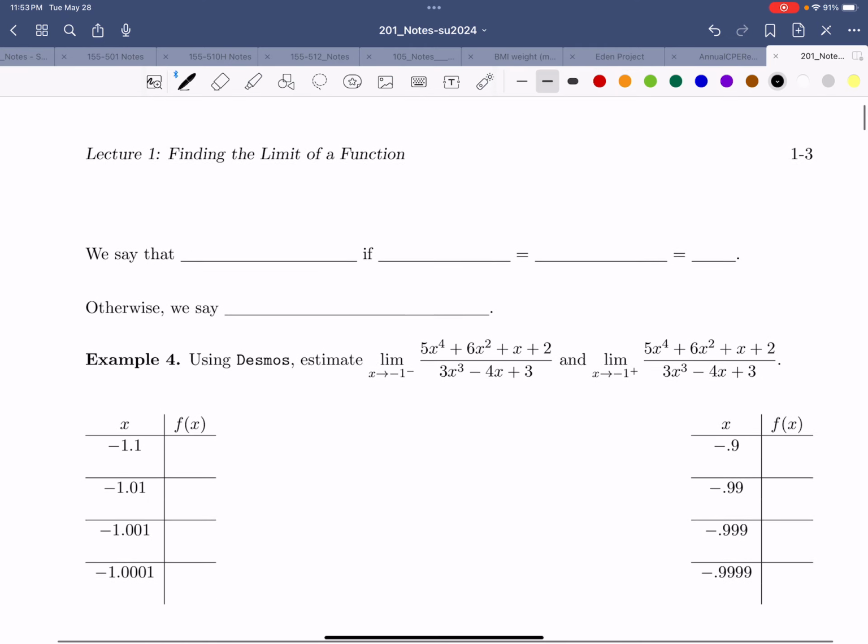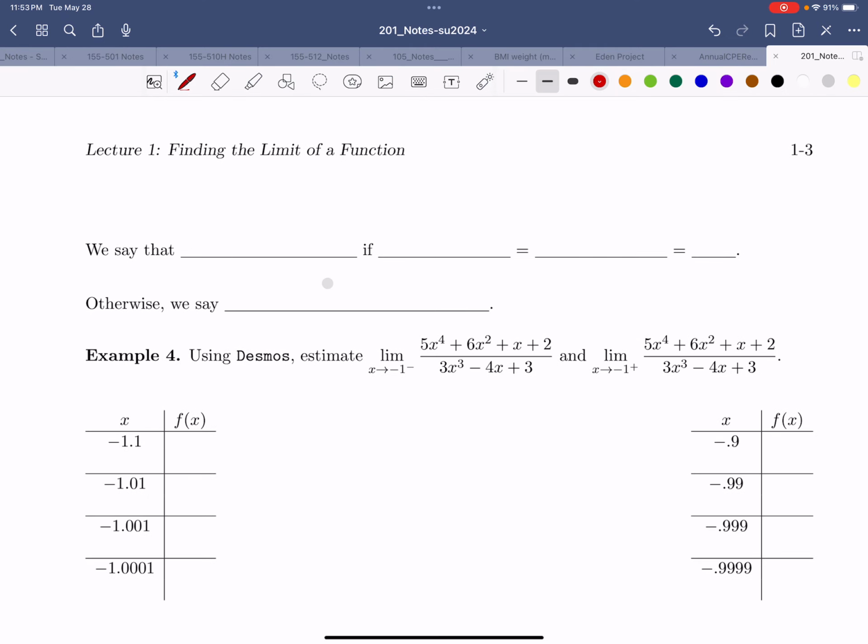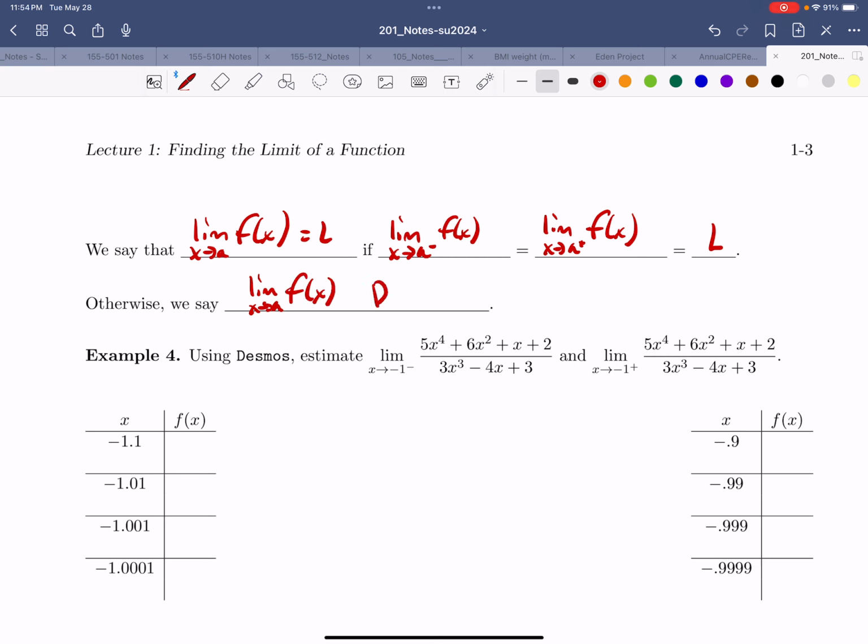Now, here's why we're doing all this. We say that the limit as x approaches a of f of x equals L if the left-hand limit, that is the limit as x approaches a from the left of f of x, equals the right-hand limit, the limit as x approaches a from the right of f of x, and they both equal L. Otherwise, we say the limit as x approaches a of f of x does not exist.